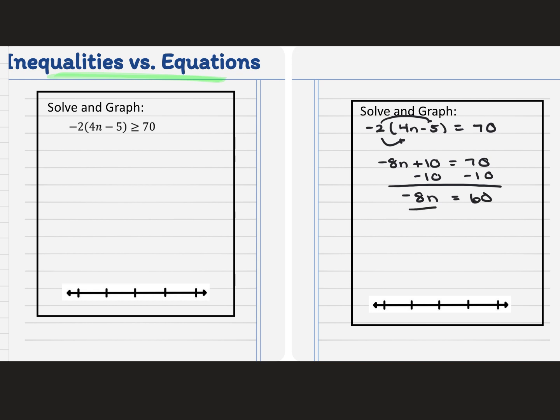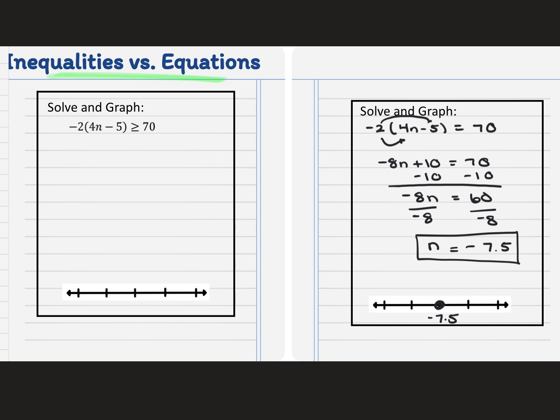Divide both sides by -8, and we get n is equal to -7.5. Looking here, if we were to graph this equation on the number line, we would simply have a closed circle at -7.5, and that's it, because our n is just equal to -7.5.